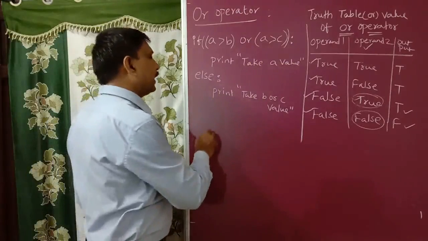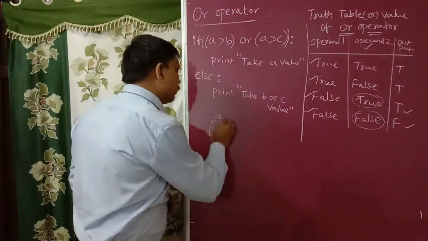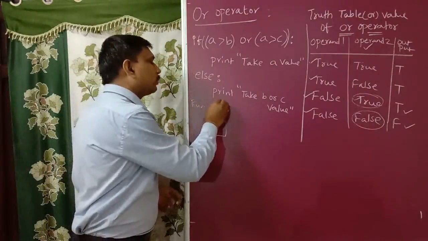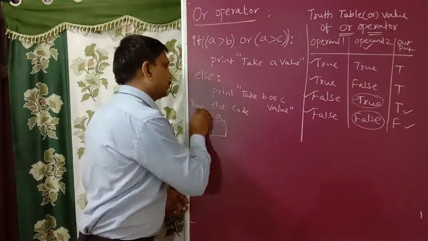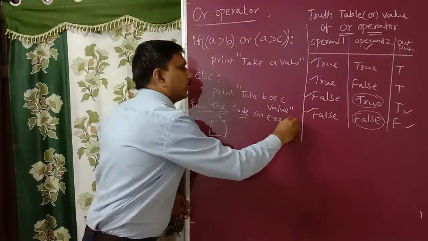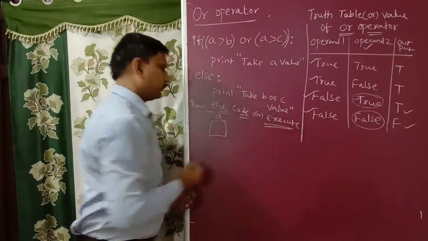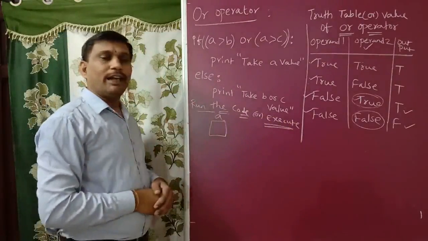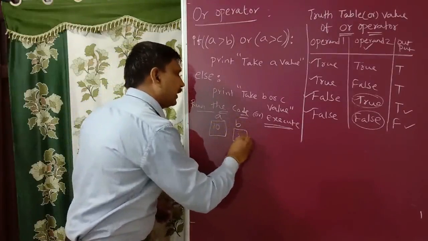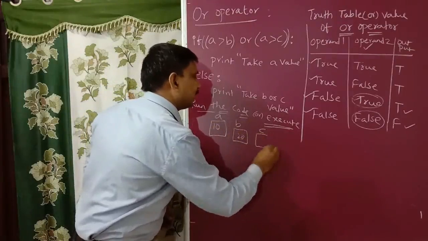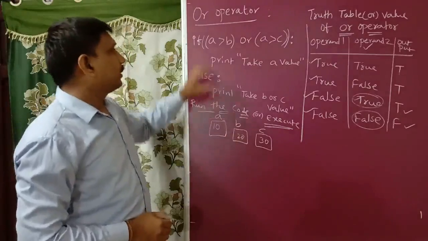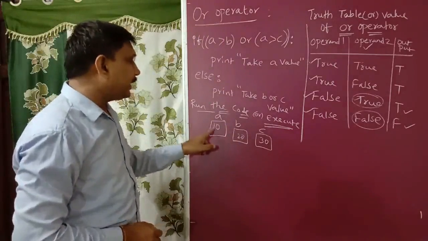Suppose I run this code, executing this program, and I give A value 10, B value 20 and C value 30. Then we observe each condition.